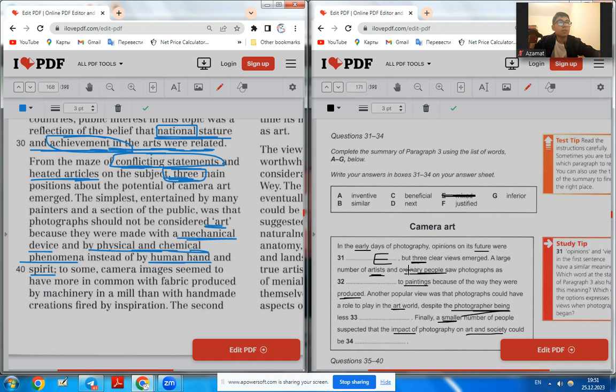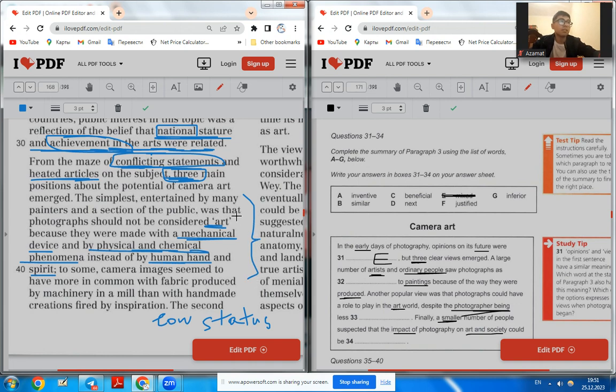A large number of artists and ordinary people saw photographs as low status, right? As low status. And you don't usually see the exact synonym of the answer, because in summary completion questions, especially in these types of questions, the context is going to give you the answer.